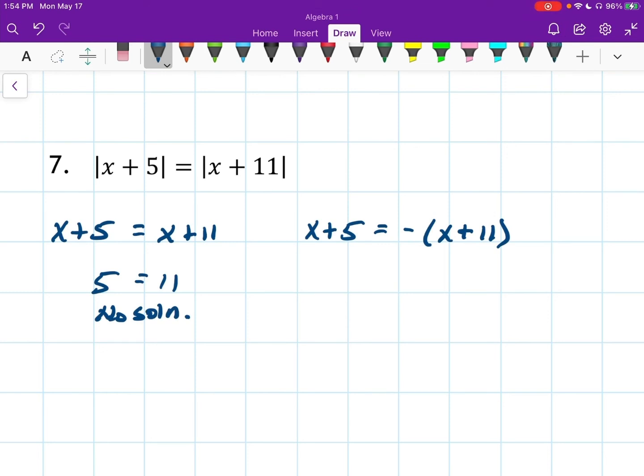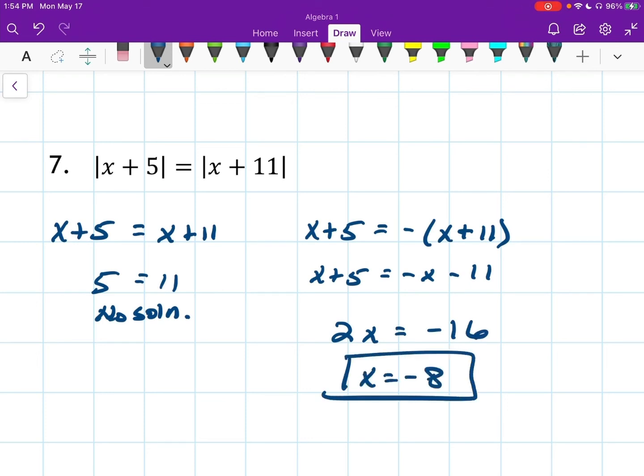On the right side, we can get x plus 5 is negative x minus 11. So we get, well, 2x is, what is that, negative 16. So x is negative 8. Really, it's not no solution. It's just that that way it doesn't have a solution.